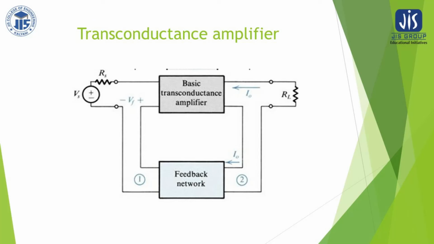Now in this basic amplifier, the limitation is that the gain is very much sensitive, that is, it varies exceptionally due to the internal parametric variations. So therefore the gain should be stabilized.